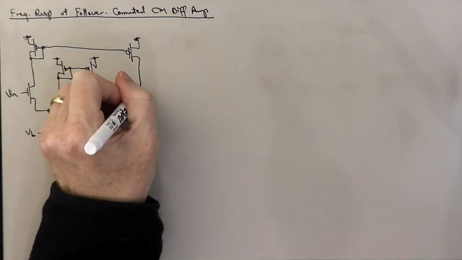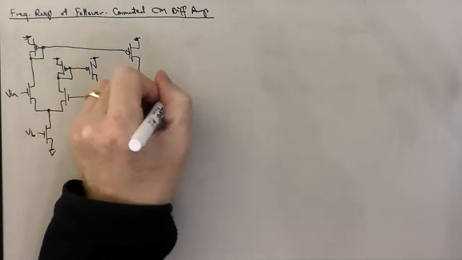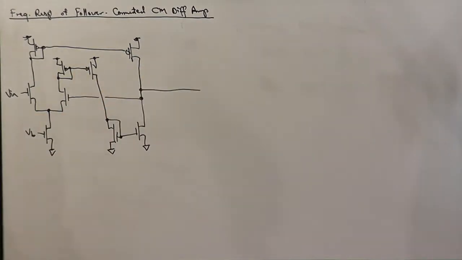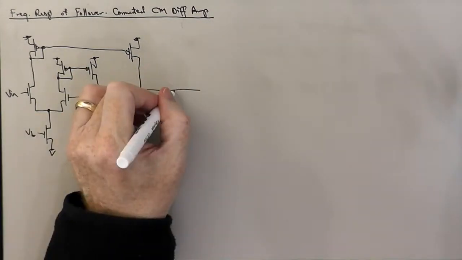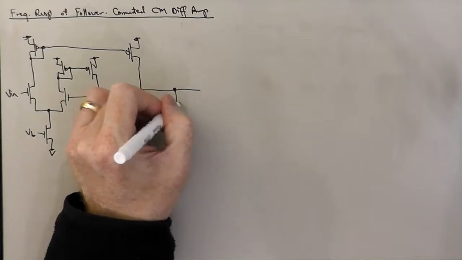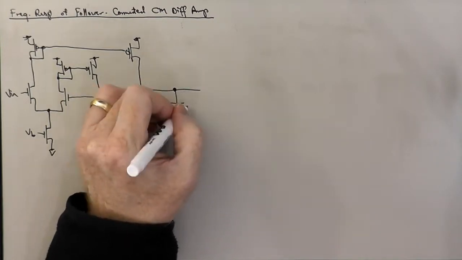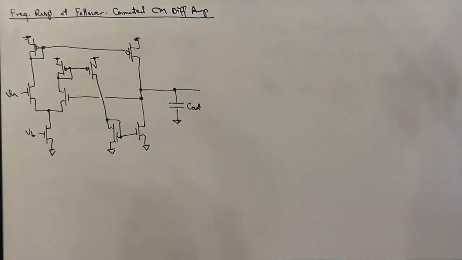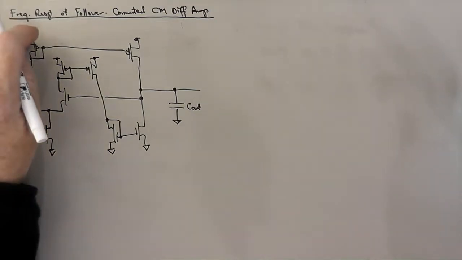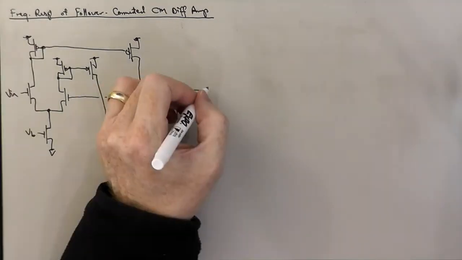And so we're going to have an output capacitance like we do in the lab and like we did last time for the open loop configuration, C out. And we would like to calculate the gain of this circuit by node fixing.